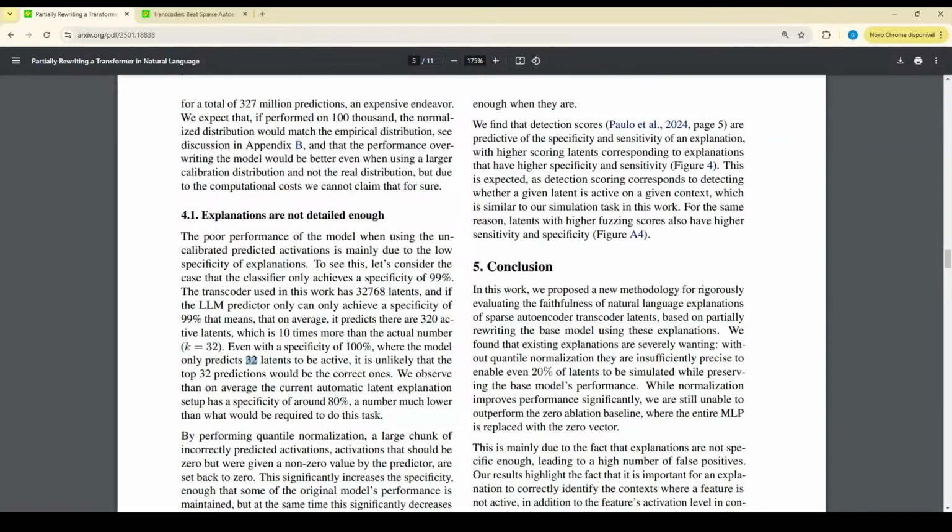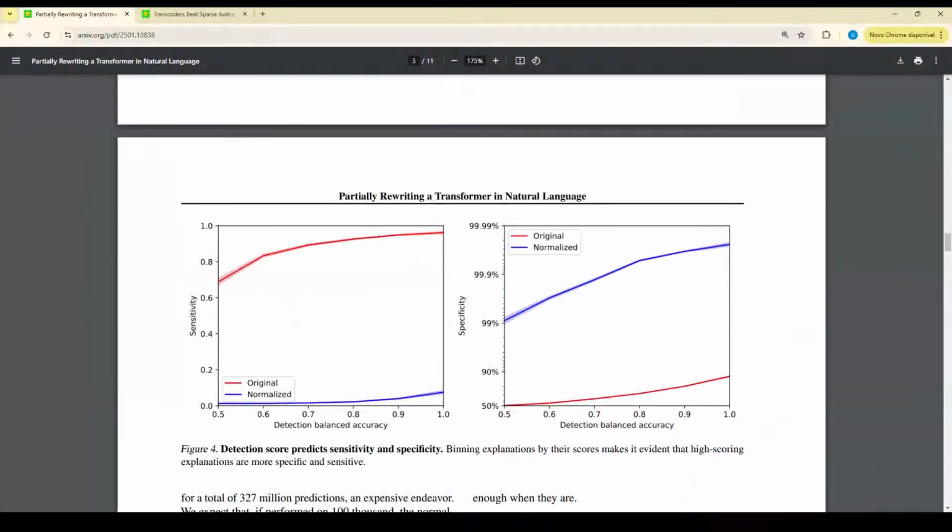And I think the biggest takeaway from this article, if there is one, is that we really have to strive to make explanations as specific as you can.